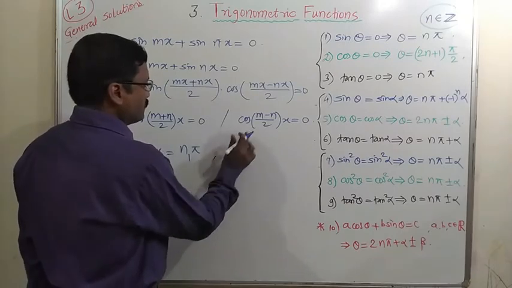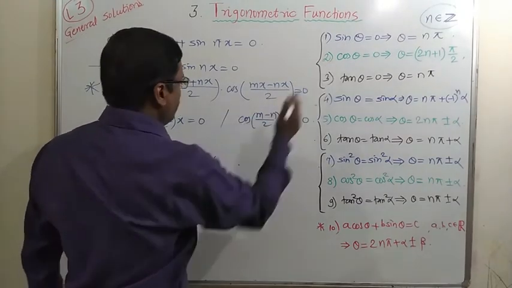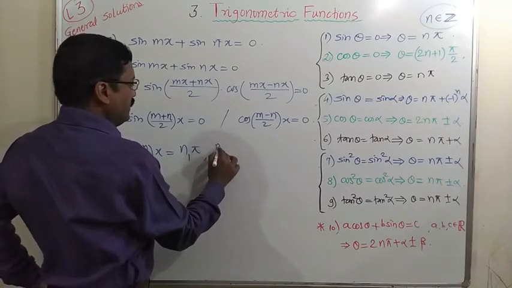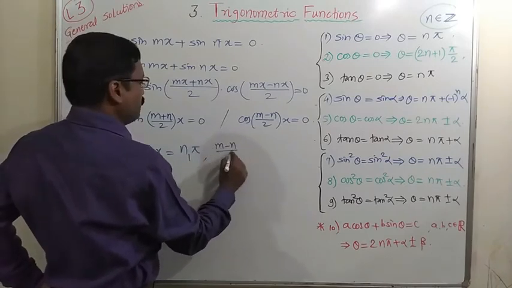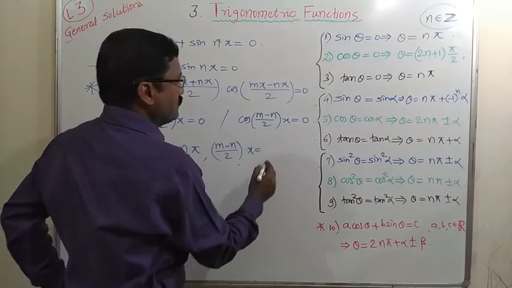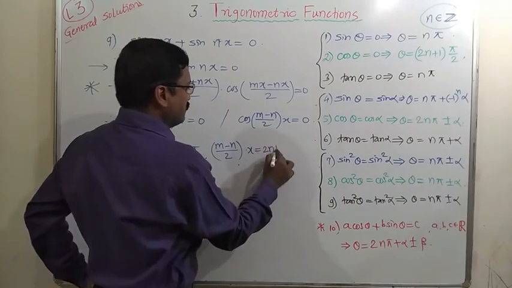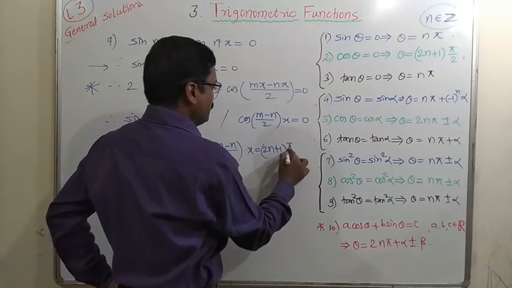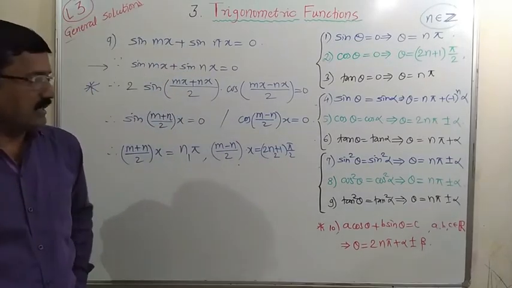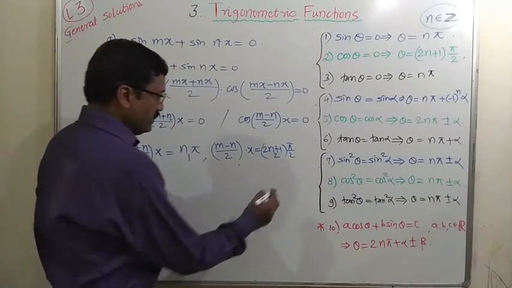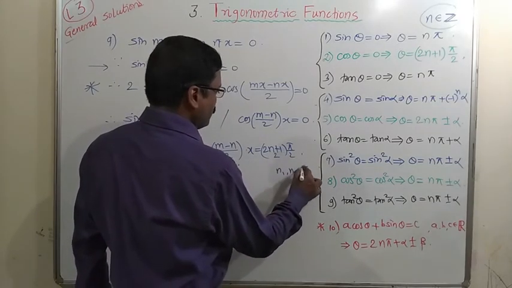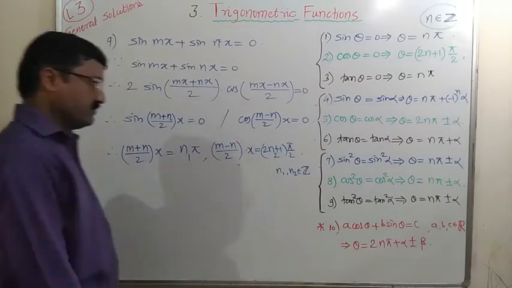And cos x equal to 0 means this formula, so we get here (m minus n) upon 2 into x equal to (2n plus 1) times pi by 2. Here take integer as n2, so these n1 and n2 are integers, where n1, n2 belongs to set of integers.